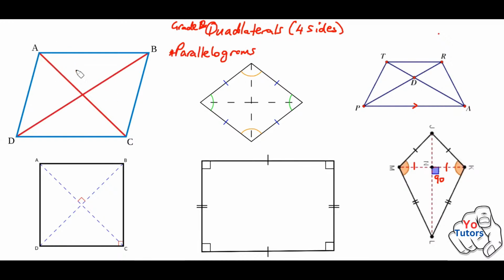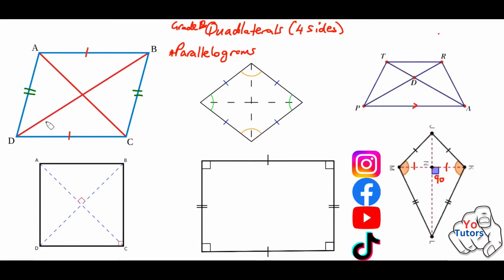What makes a quadrilateral a parallelogram is that the opposite sides must be equal. So a pair of opposite sides must be equal. Then the other thing we must know about the parallelogram is that opposite angles are equal. So opposite interior angles are equal.